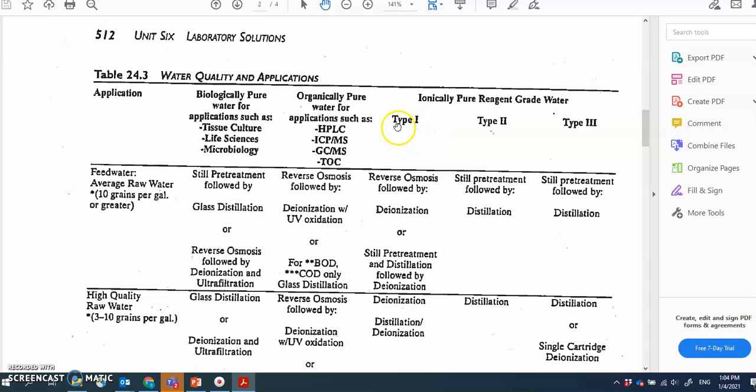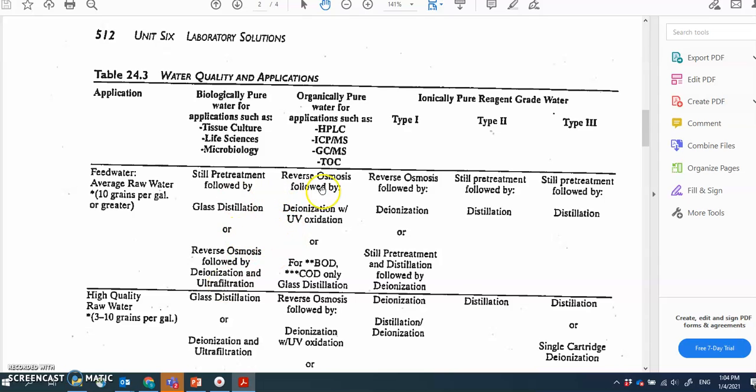And when you make type 1 water, what water do you use? Normally the feed water can even be tap water, city water, but you will have to treat your feed city water through processes like glass distillation, reverse osmosis.